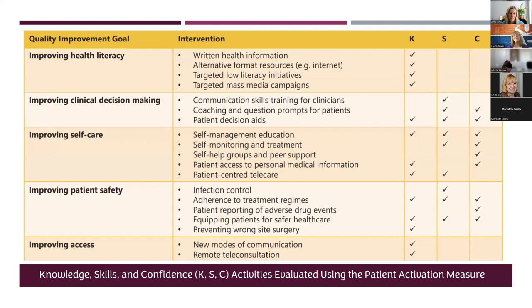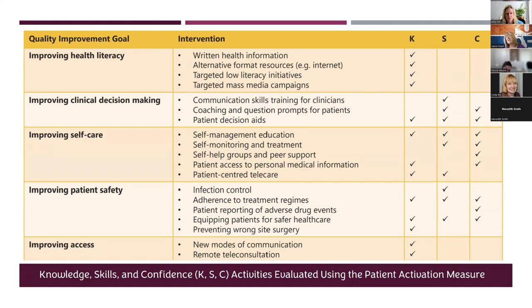This is a really interesting table that looks, through a quality improvement lens, at 5 different areas: improving health literacy, improving clinical decision-making, improving self-care, patient safety, and improving access.